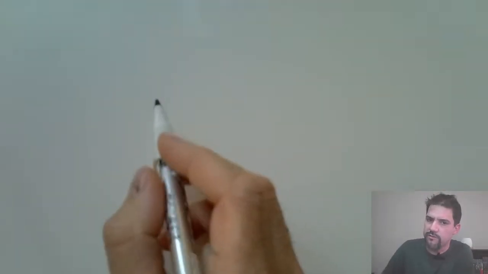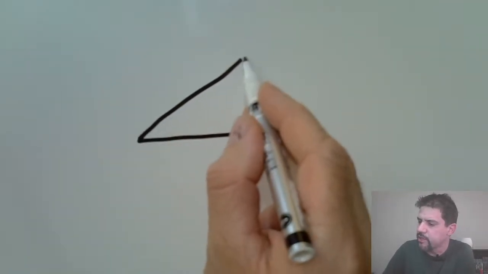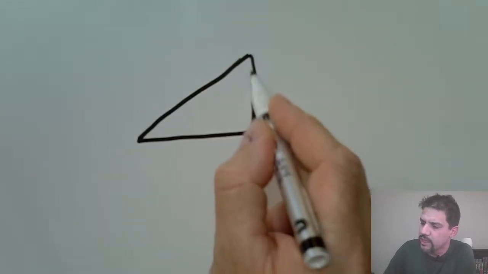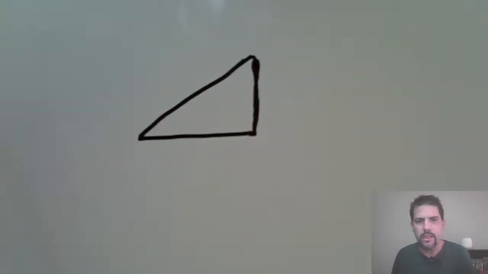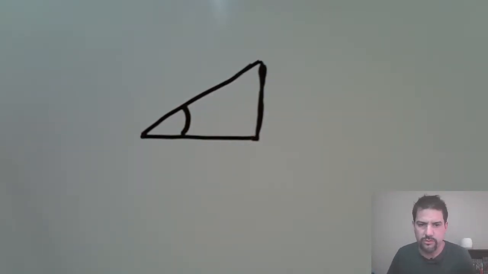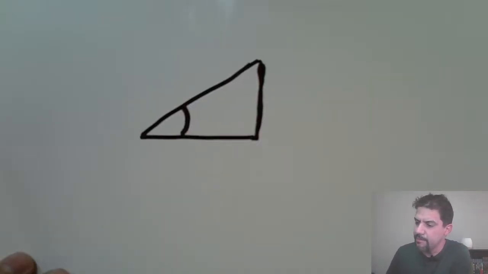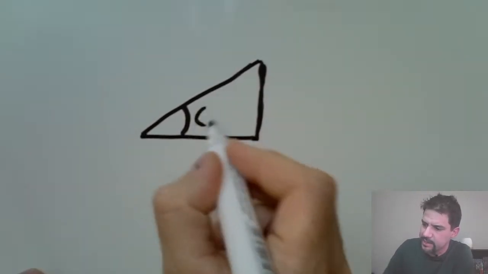Let's remember the following. If you have a right-angled triangle, which I'm going to draw as a hypothetical one, this is not to do with that question. This is mathematics. Let's say the angle we are going to work with is this one. If we go back to the question, we can see the angles are in different positions, so it's very important to know where the angle is. Let's say this one is theta.